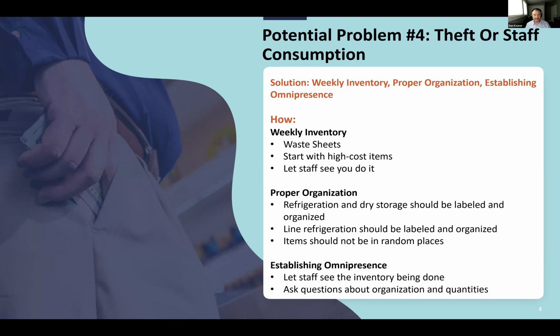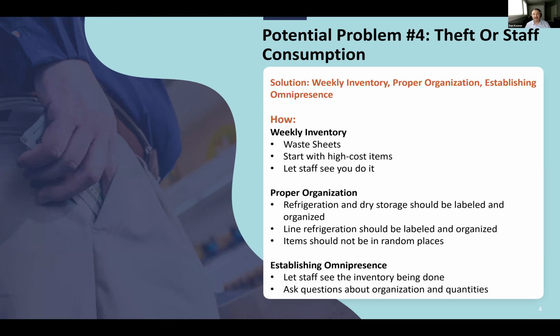And that leads us into establishing omnipresence. So, as I said, letting the staff know that inventory is being done, and then asking questions about organization and quantities. Let's say we started the week with 10 New York steaks and we sold 5 and there's only 3 left. Well, ask whoever's cooking those steaks, hey, what happened this week?